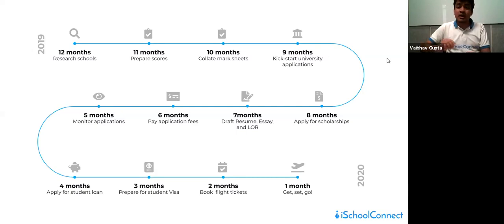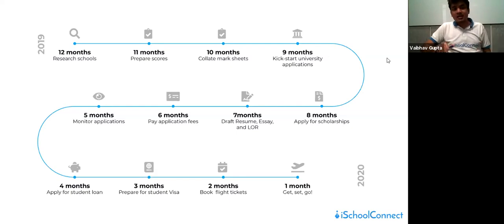So apply to at least 5 to 6 universities: reach, dream, safe. Reach are basically where you have a moderate chance of getting an admit. Safe are where you have a high chance of getting an admit, and dream are those Ivy Leagues, those aspirational universities where you have a low chance of getting an admit.